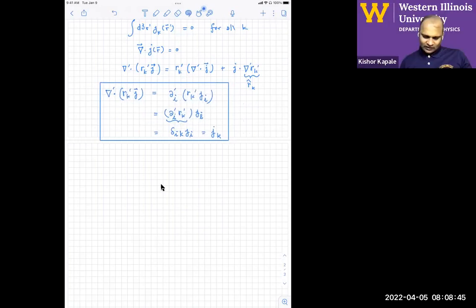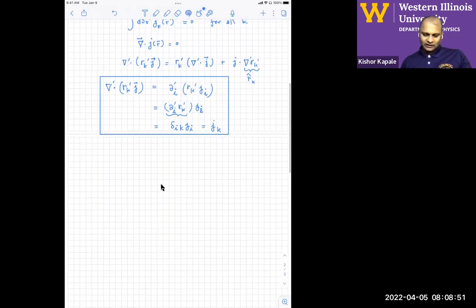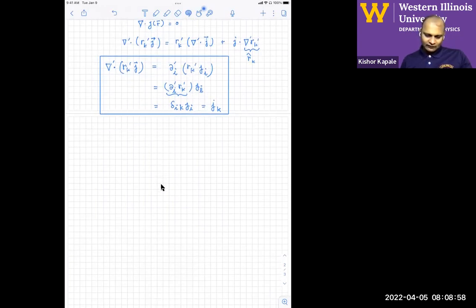Okay, and this is something we did, right? So we want to try to find the divergence of rk′ j, and you can use our notation that we are familiar with, and it essentially just gives us that we are left with jk essentially.